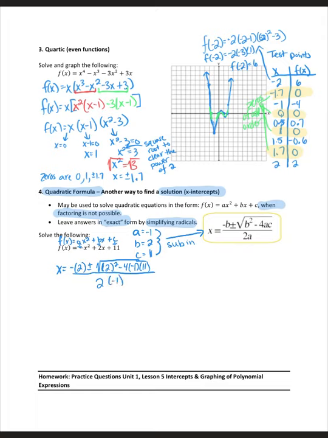From here, we always want to simplify the top first. Before we deal with anything in the denominator, we're going to simplify the numerator.